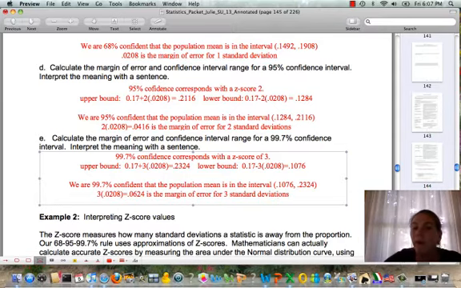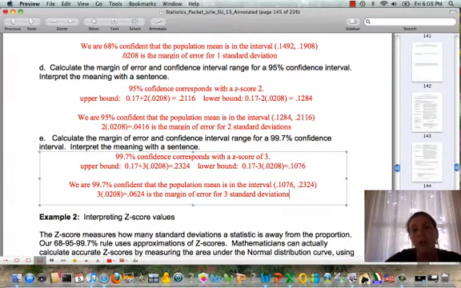So remember, we're predicting where we are confident that the population mean will be because we don't actually know the population mean. When we make these calculations, we can usually only get data from a sample of the whole population. And from that data, we have to make extrapolations and predictions about the whole population.